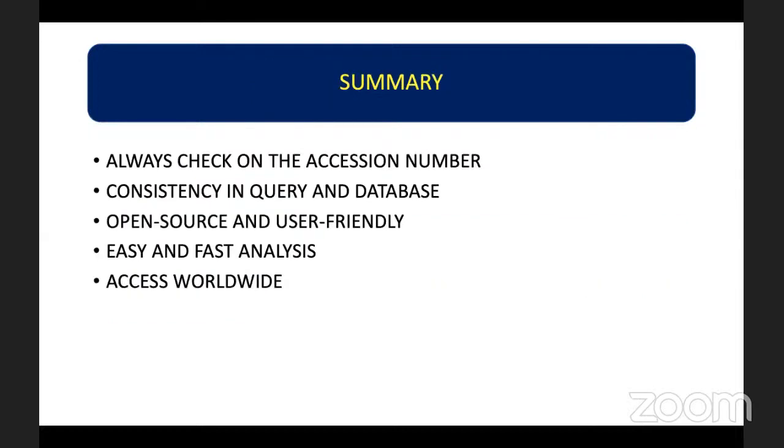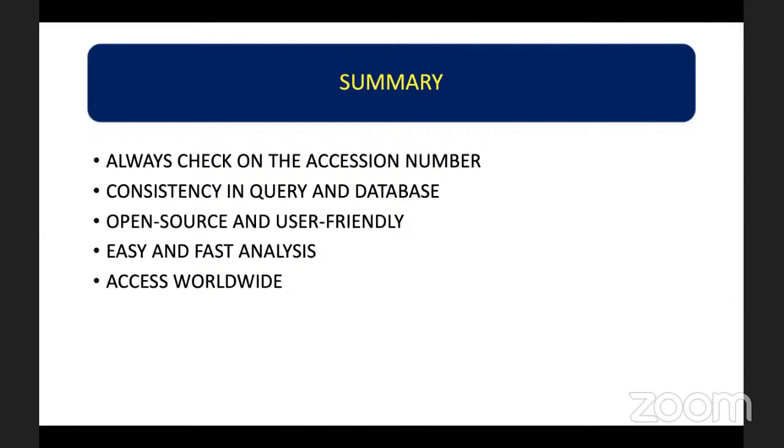Okay, so for the summary, DNA sequence analysis using BLAST is very simple. You always have to check the accession number to get information about the data, and you also have to take into consideration the consistency of your query and the database that you're going to use.